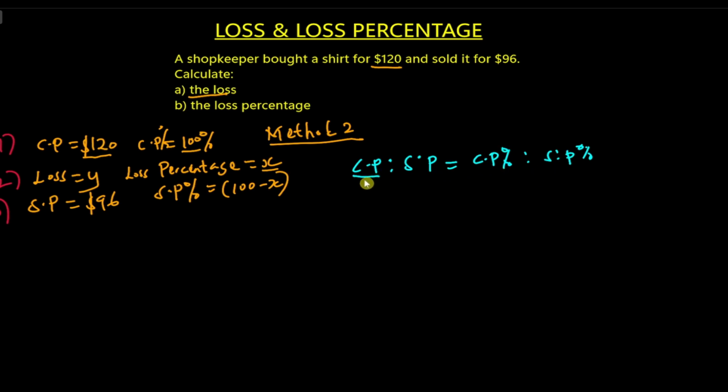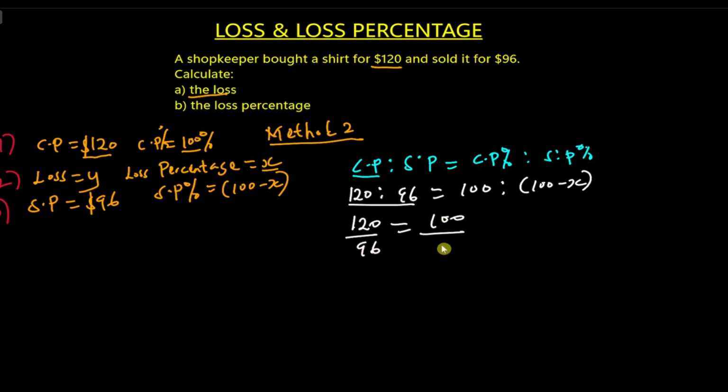Now the cost price over here is 120. The selling price is 96, and the cost price percent is 100, and the selling price percent is 100 minus x. Now when you convert this into fraction, you have 120 over 96, which is equal to 100 over 100 minus x.